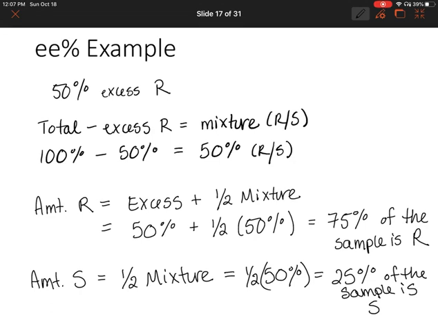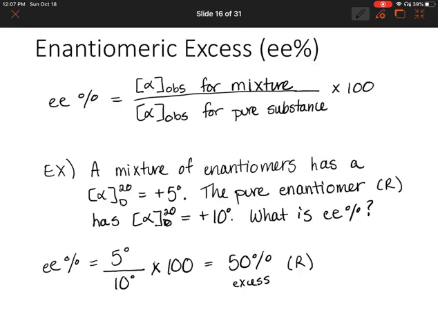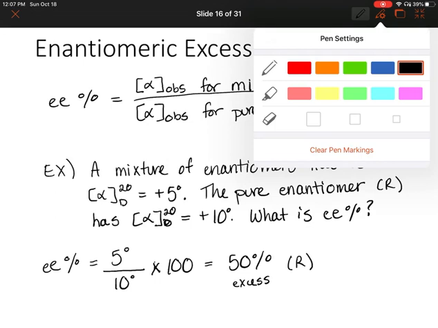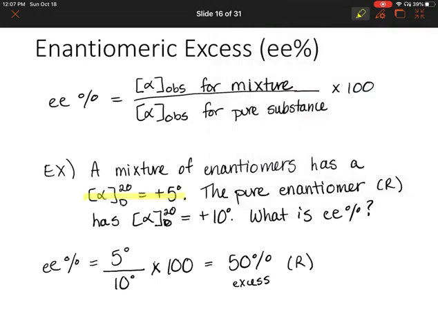So this is just an example of how we can figure out how much of each enantiomer we have in a mixture. Going back, we would measure the rotation for the mixture and then the rotation of the pure enantiomer that we're interested in.